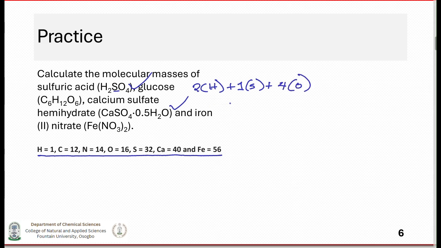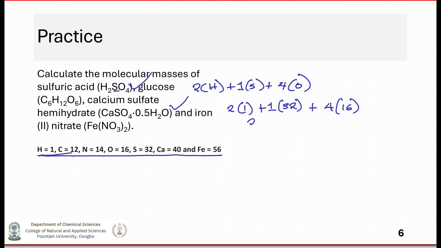So we just replace the symbol with the values, that is the atomic mass of each element. So we have 2 times 1 for hydrogen plus 1 times 32 for sulfur plus 4 times 16 for oxygen.